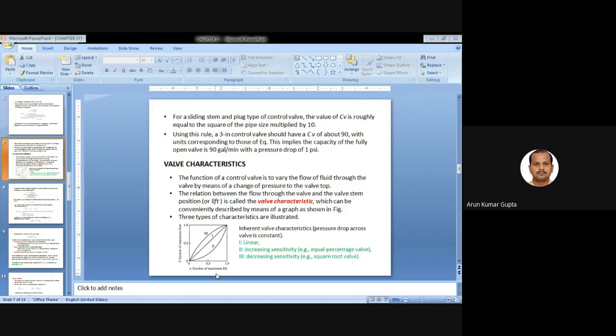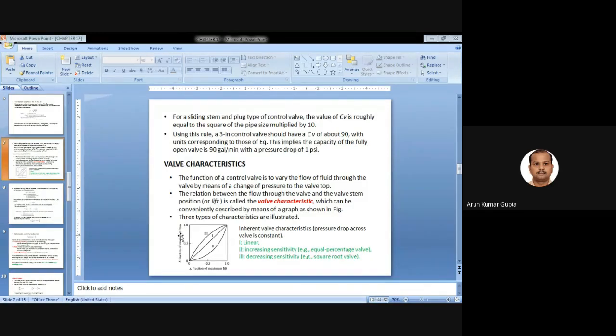Maximum lift means from fully open to fully closed. The valve lift or stem position varies from fully open to fully closed, and that is known as the maximum. Similarly, we have a maximum flow. So it is the fraction with respect to the maximum flow, right?